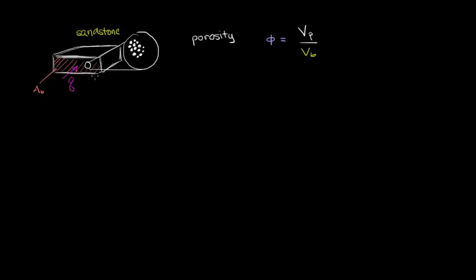So A_B is not the true area of all the little conduits. It is over-representing how much area we have to flow through. So how can we relate the bulk area to the actual pore area, the actual space?